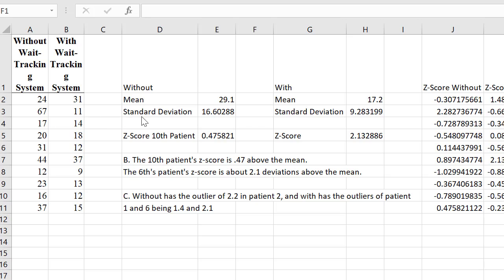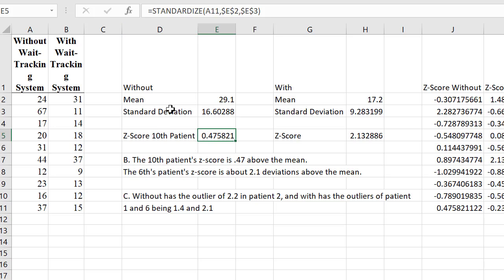The number I'm looking for is 0.48, or this 0.47. We haven't gotten into rounding yet, but you should probably only report 2 decimal places.